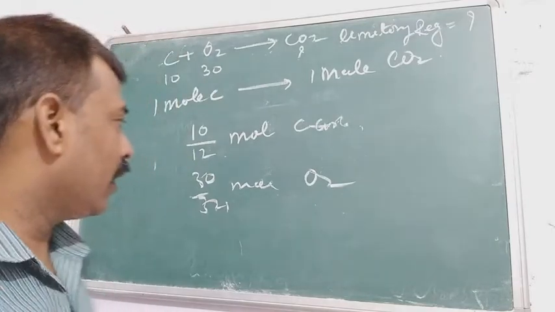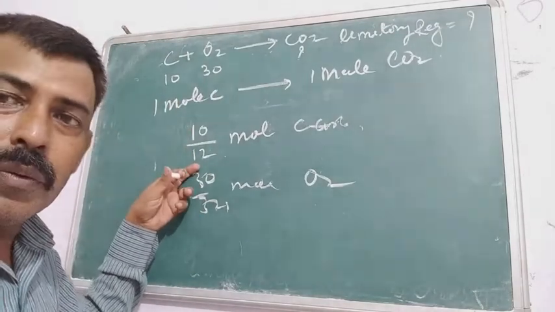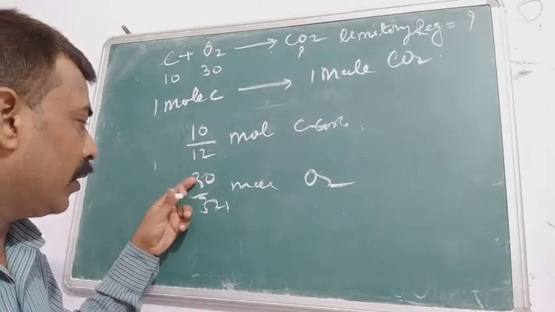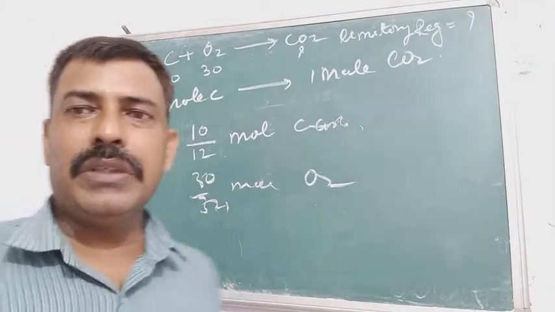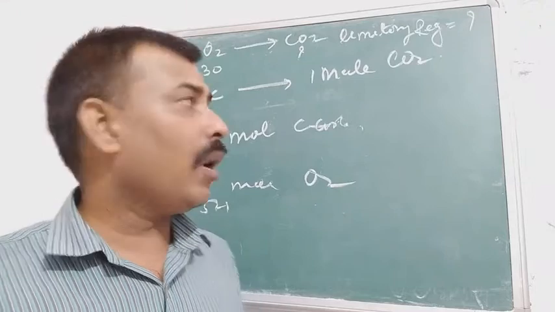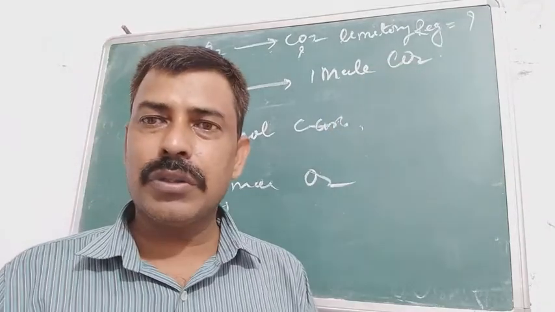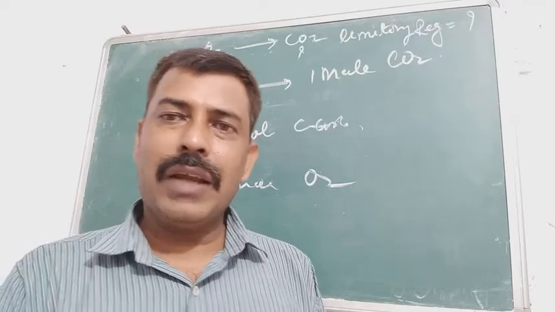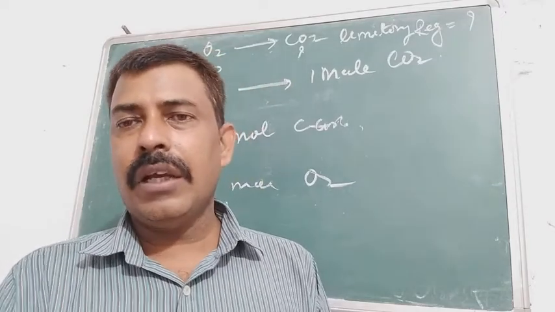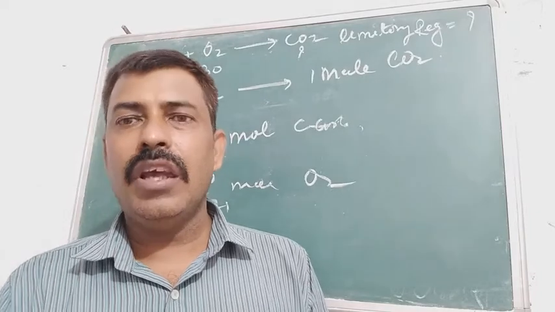Instead of taking 10 gram of carbon, you will take 10 by 12 moles of carbon and 30 by 32 moles of oxygen, and on that basis you can calculate the number of moles of carbon dioxide produced. The answer will be the same, only you will calculate on the basis of the number of moles, and I have calculated on the basis of the amount of mass.